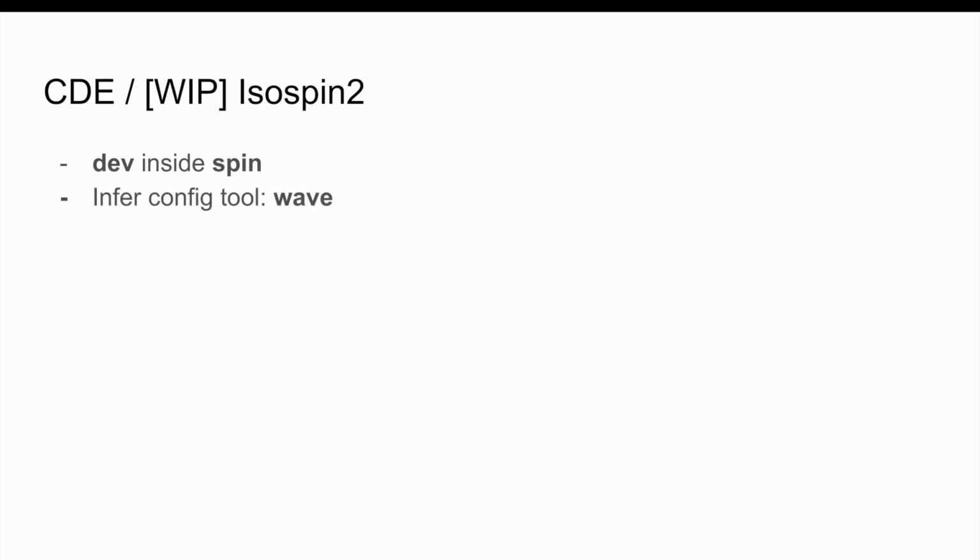We also extracted our infer config tool into a separate tool that generates configurations for dev that can now be used inside the spin. We're also looking into hybrid environments to allow smooth communication between simple local repos with, let's say, core Constellation in the cloud.